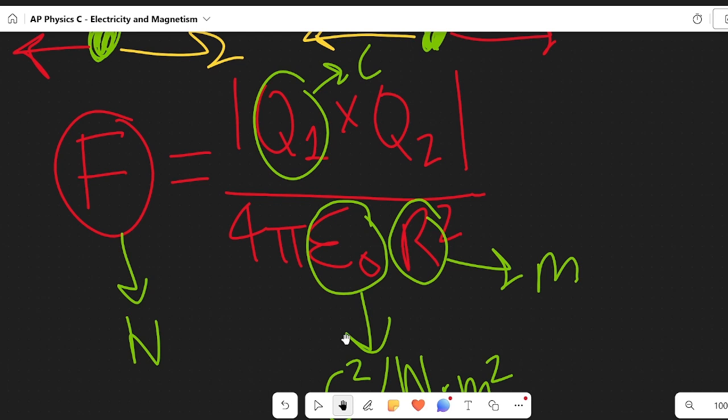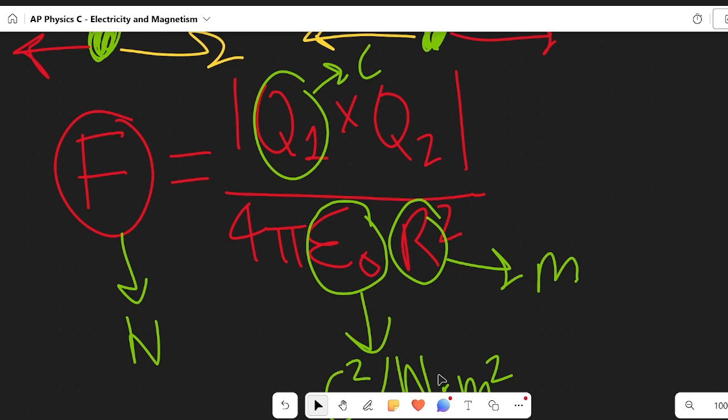So if we do quick unit analysis here, we'll see that this lines up, right? Our final answer needs to be in newtons, as we see here. In the top, we will have 2 charges, so we will have C squared, Coulomb squared, in the top as our units. 4 pi doesn't have any units.